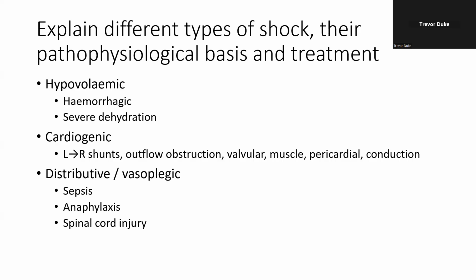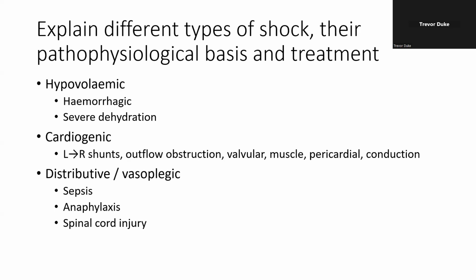And then there are the things we've talked about before. If you were to answer this question about the pathophysiological basis of shock, then the pathophysiological causes of heart failure all become relevant here. So cardiogenic shock can be because of all of those things we mentioned: left to right shunts, outflow obstruction of the left ventricle, valvular heart disease, myocardial or muscle problems, pericardial disease, or conduction abnormalities.